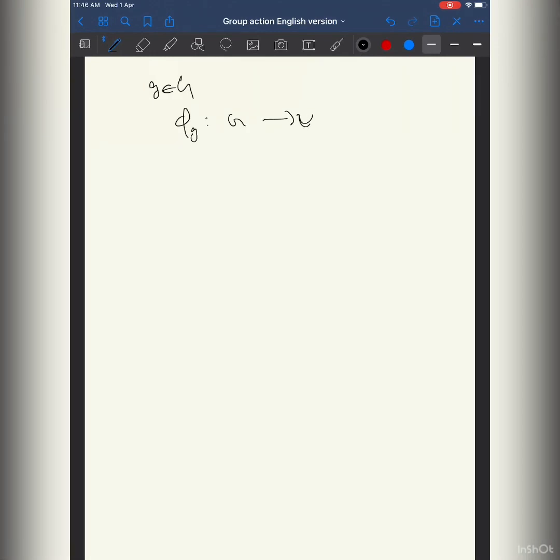Let's define a function from G to G by P_g(x) equal to gx.